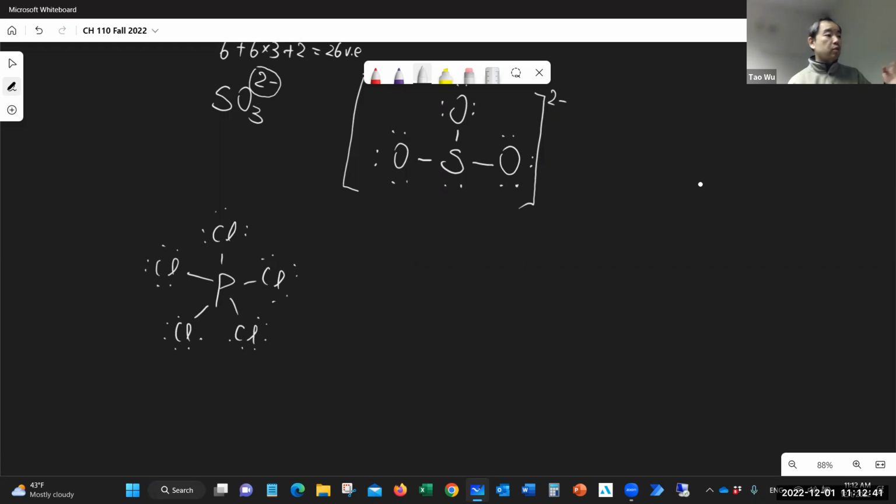But here the central atom has 10, so it doesn't follow the rule. Side atoms always follow the octet. Only the central atom can have a chance to not follow.